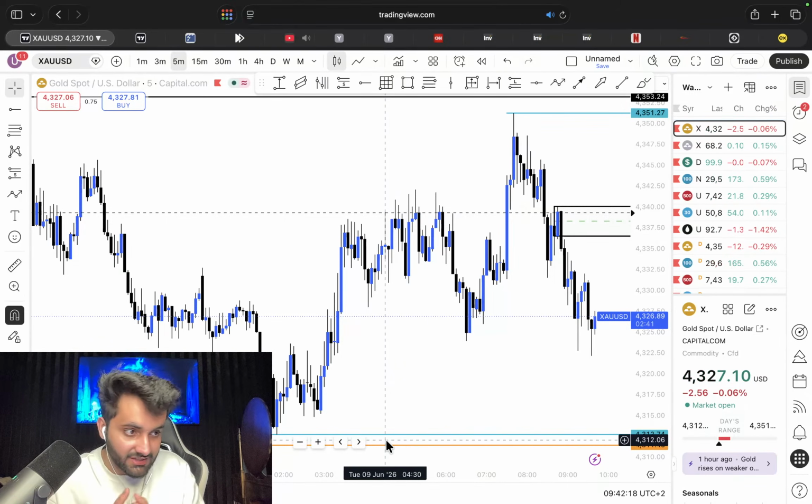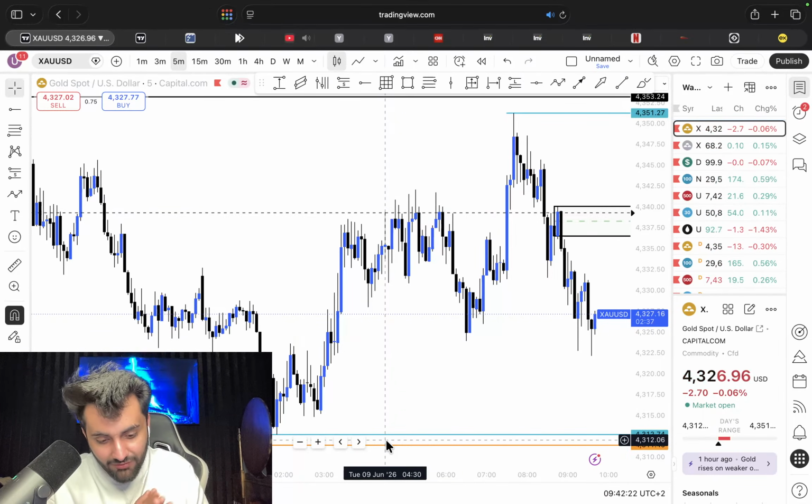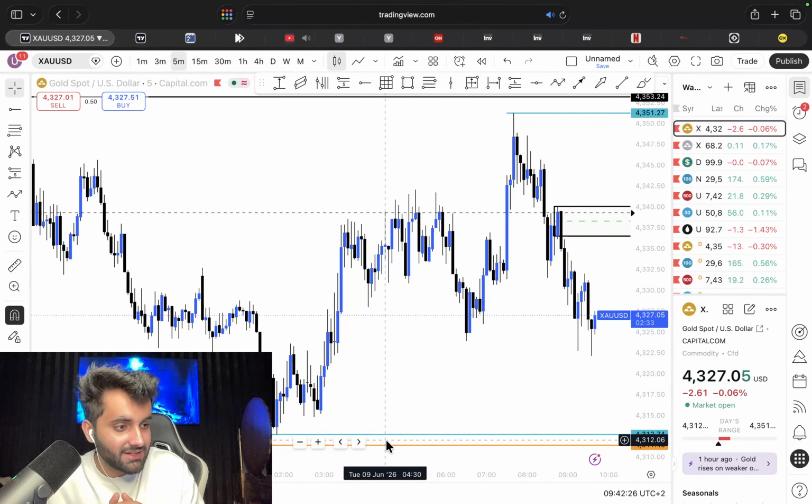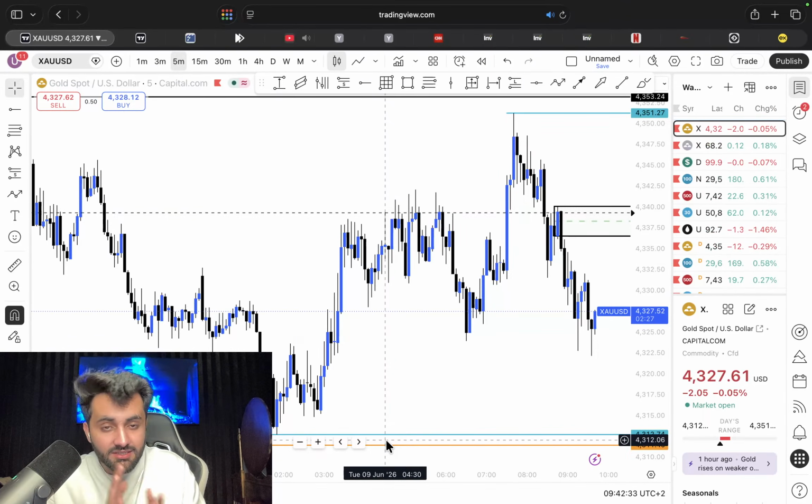It's literally the first time since I've started that I've told you guys that the bias is favoring both sides. It happens very rarely, because usually your bias is set and everything is aligning, but there are some days where some things are telling you something else. But still, if I have to choose my bias for today, it's bearish.